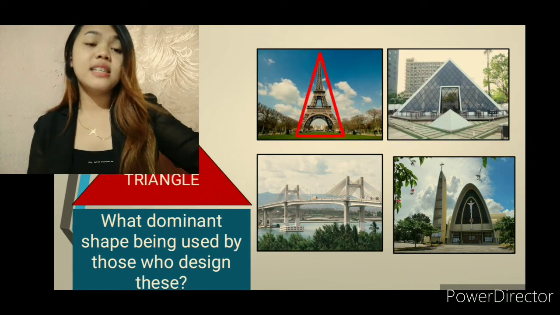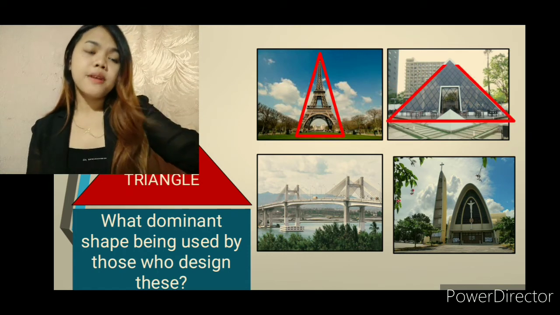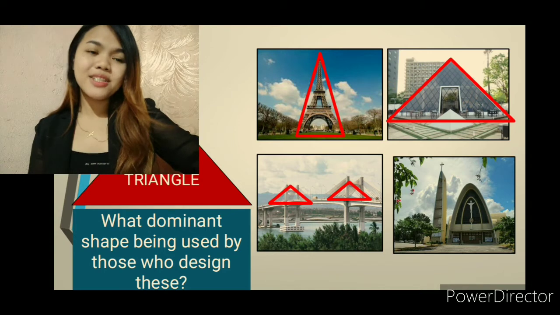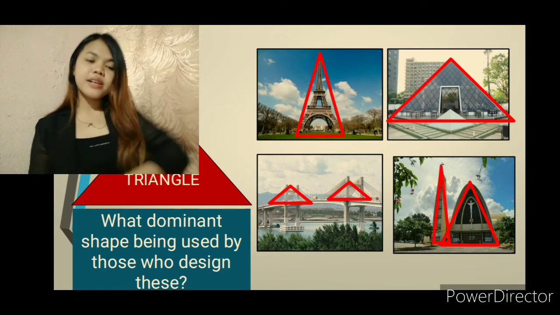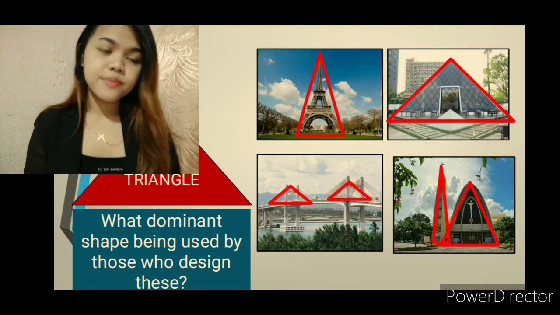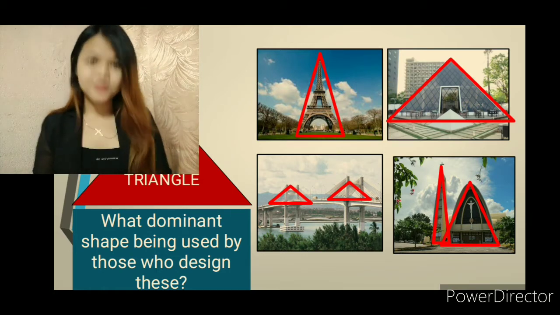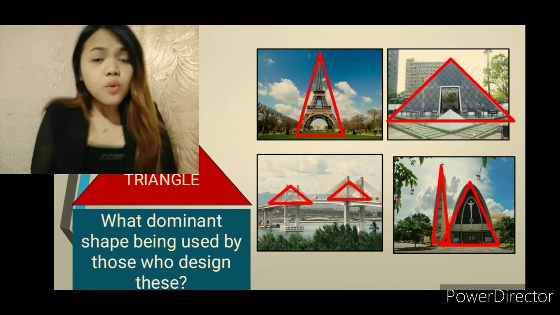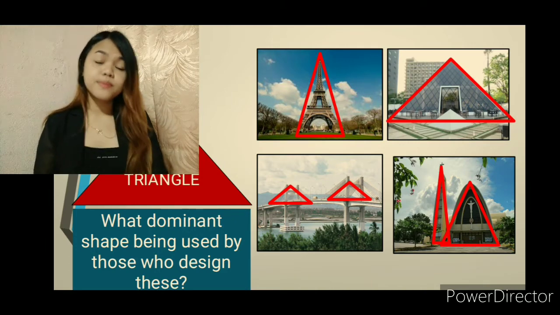As you can see, the Eiffel Tower in Paris, the pyramid in IT Park, the Mactan Bridge in Mactan, and also the Sacred Heart Church or Sacred Heart Parish, they use triangles. So class, why do you think architects use triangles?